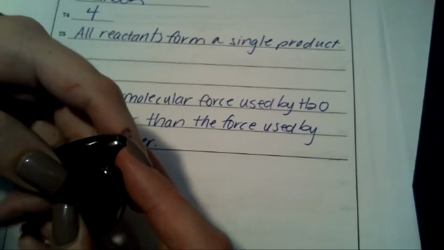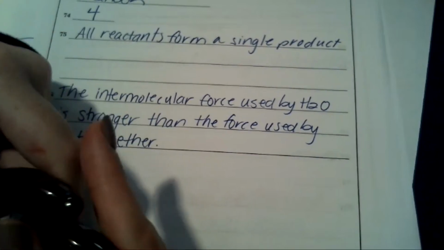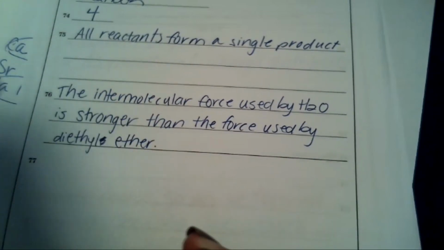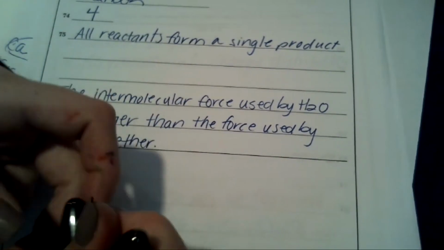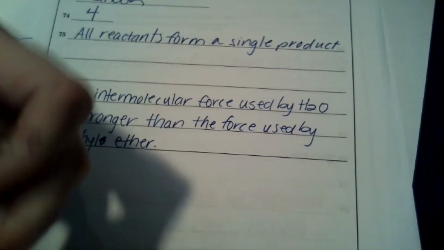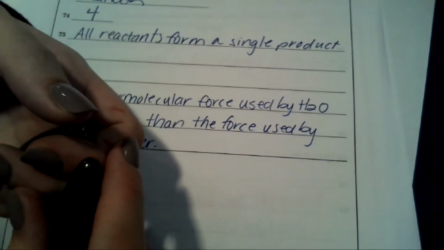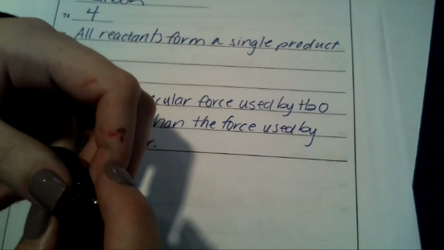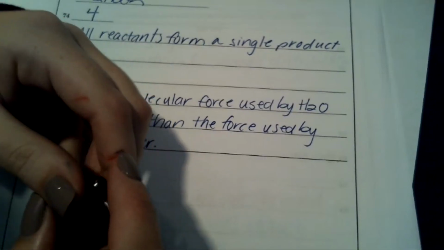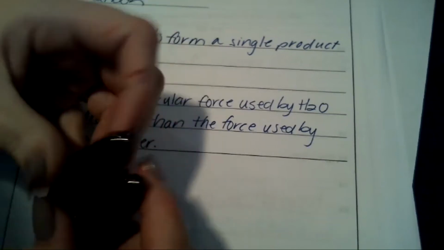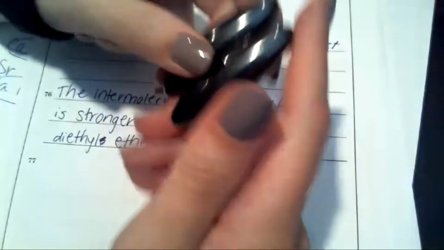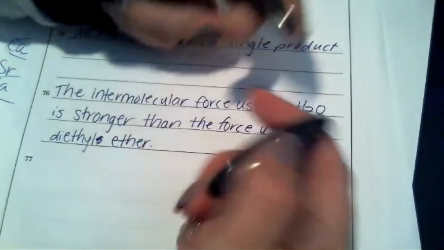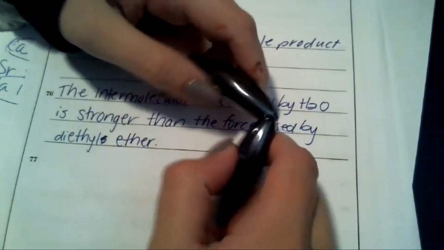The context of the question means that you would have to say weaker. If you just put stronger or weaker, then weaker would be the answer, because it's asking you why diethyl ether is lower than water. So your answer would actually be weaker if you just wrote one word. So anyways, think of an intermolecular force as these magnets. These magnets are crazy strong.